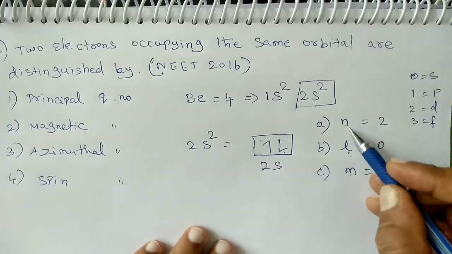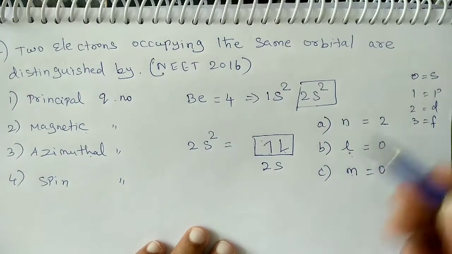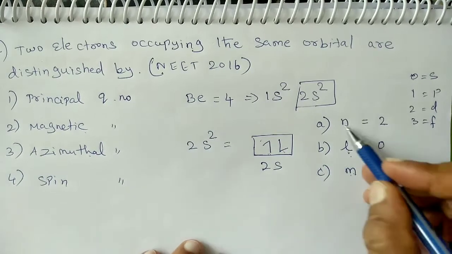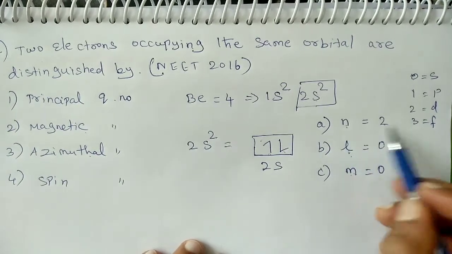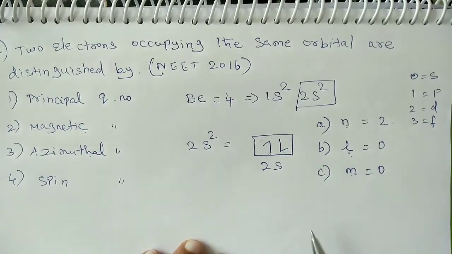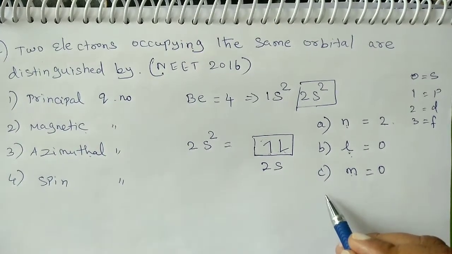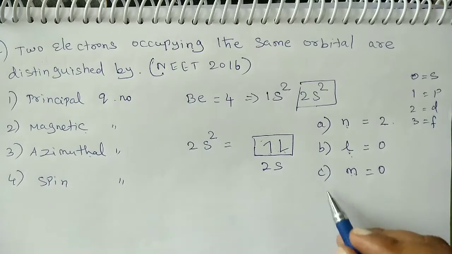We are not able to distinguish them by the principal quantum number, azimuthal quantum number, or magnetic quantum number. All are similar. Then how will you distinguish these two electrons?